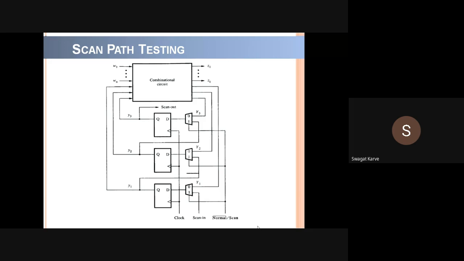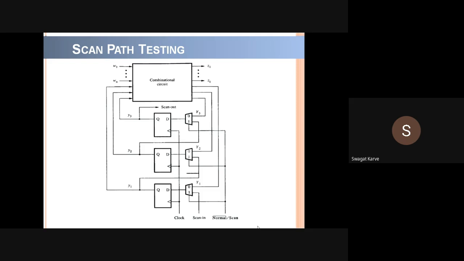There are basic three methods: scan path test, built-in self-test, and boundary scan.